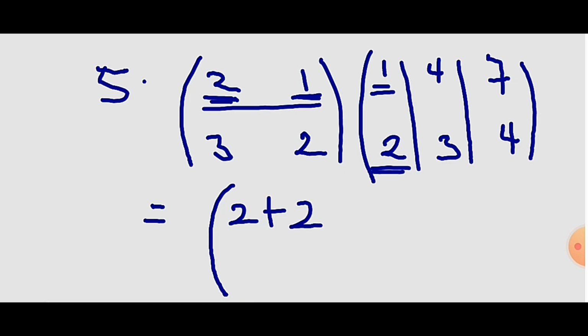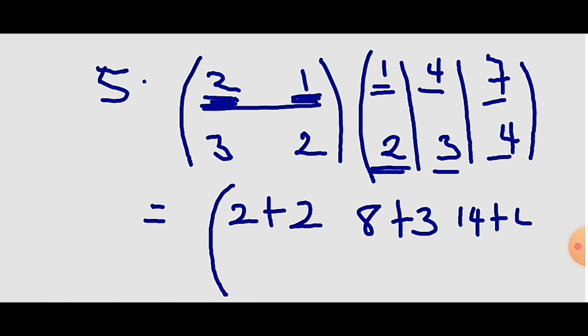Then we are going to the second column using the first row and second column. 2 times 4, that is 8, plus 1 times 3, that is 3. Now we are going to the third column using the first row. So 2 times 7, that is 14, plus 1 times 4, that is 4.